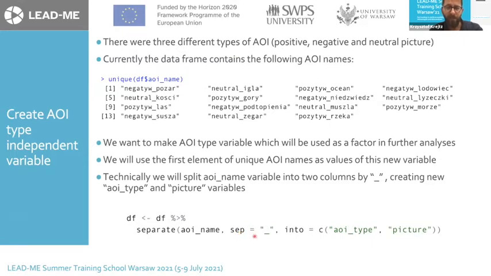So sep is equal to underline, so it will separate with this. And after the comma, into what? Into two different variables, two different columns, AOI type and picture. Let's see means concatenate with two different columns.